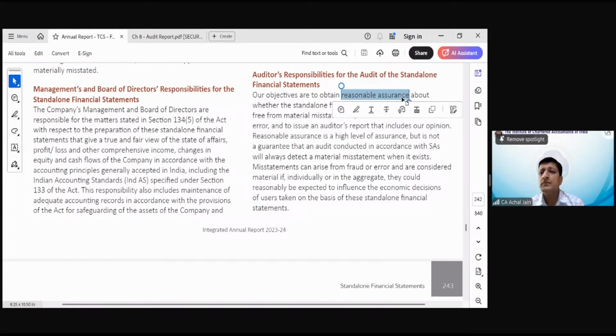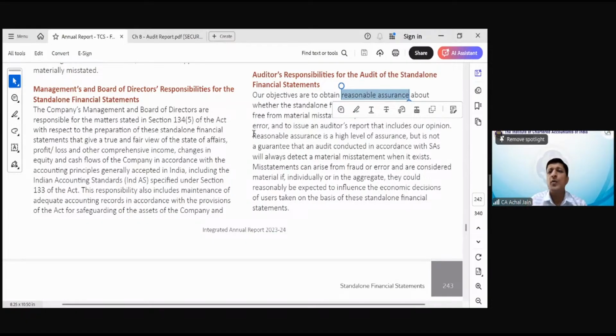But let's think about it from the perspective of a layman. Do you think a layman can understand the meaning of reasonable assurance? Answer is no. He may not know this. So that's why for such a person, what this reasonable assurance is is also explained over here.